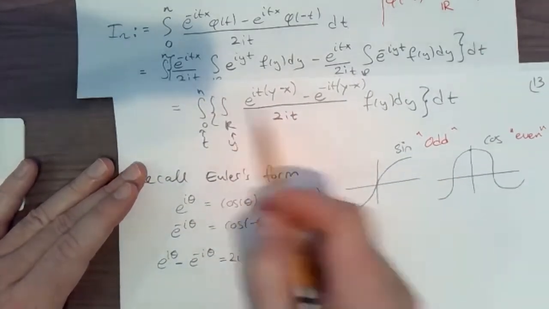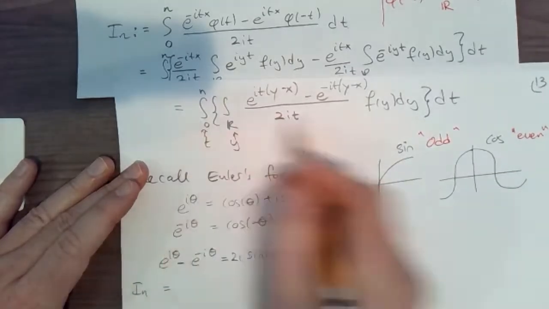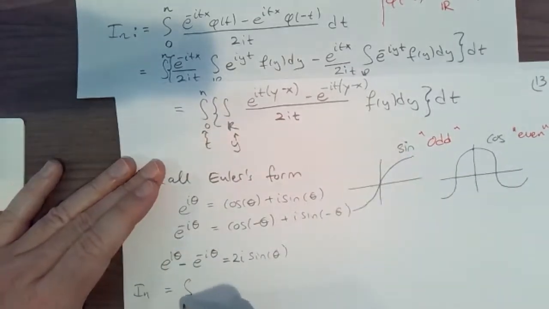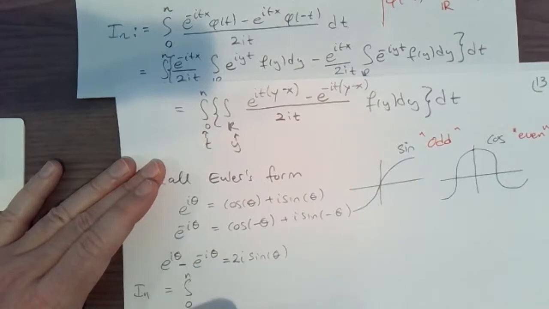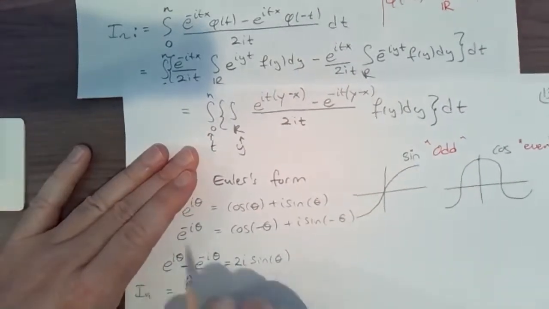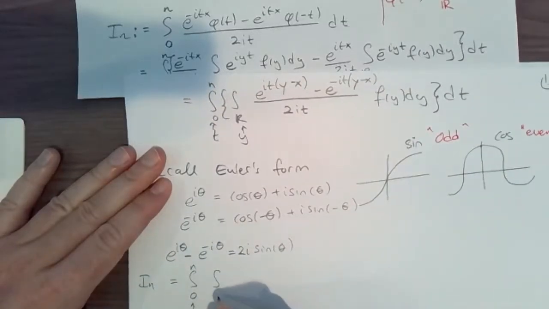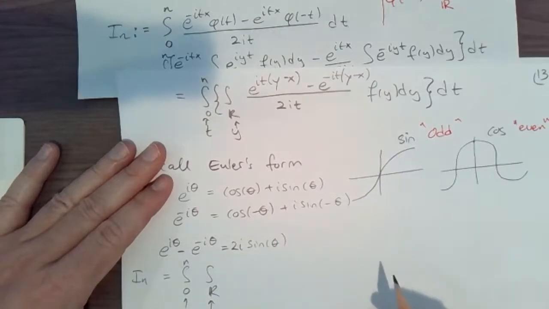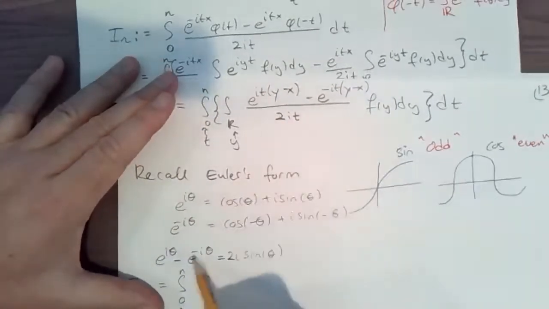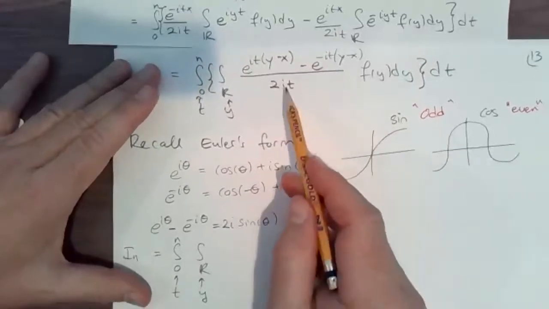Now we can simplify this expression up here. This means that my I_n, which is that stuff I have up here, is the integral from 0 to n. This is my t variable. I have the integral over R. This is my y variable. Because of that little formula I had down here, I can greatly simplify what I have upstairs. The 2i's will cancel.